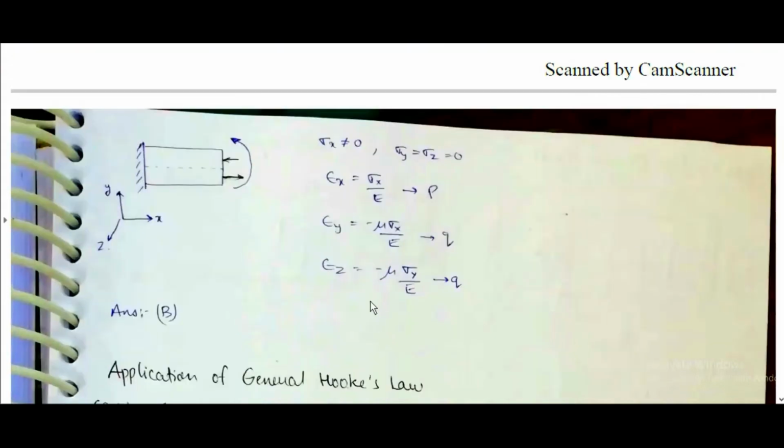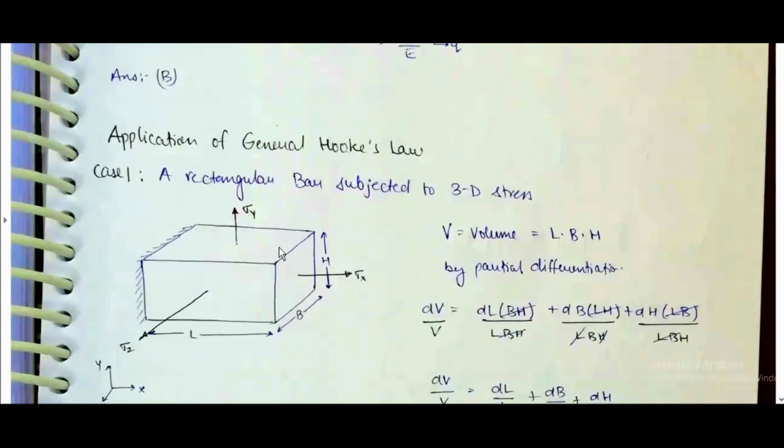Sigma x not equal to 0, sigma y is equal to 0, sigma z is equal to 0. Epsilon x is equal to sigma x by E, epsilon y is equal to minus mu sigma x by E, then epsilon z is equal to minus mu sigma x by E. Epsilon y and epsilon z are both the same.